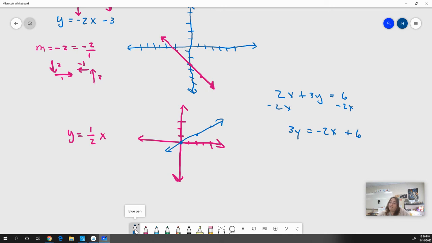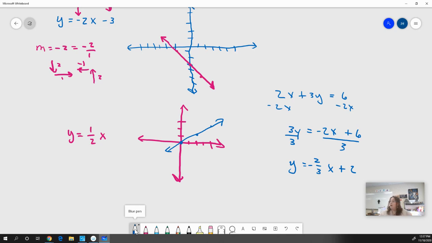Keep in mind, I need to know what y is, not what 3y is. So divide and divide, and we get y equals, well, minus 2 divided by 3 is just minus 2/3 x. 6 divided by 3 is just plus 2. And now we're in slope intercept form, and we can graph that, right? Because here's our y-intercept, and here is our slope.